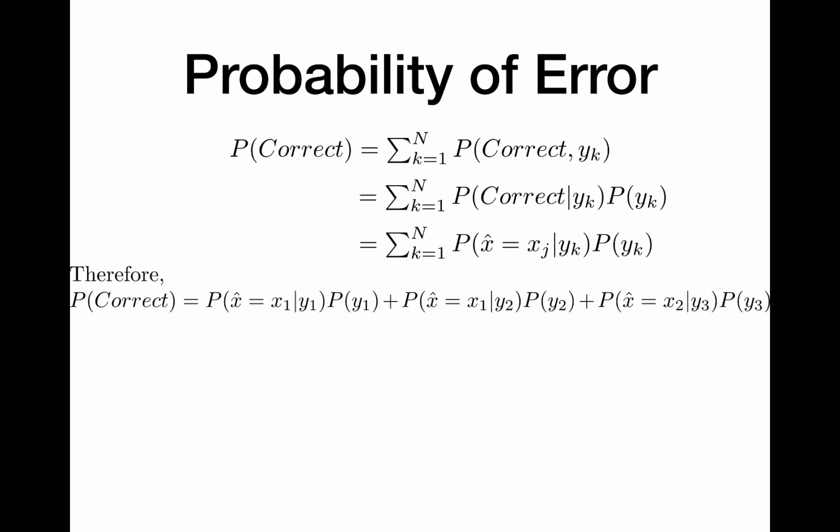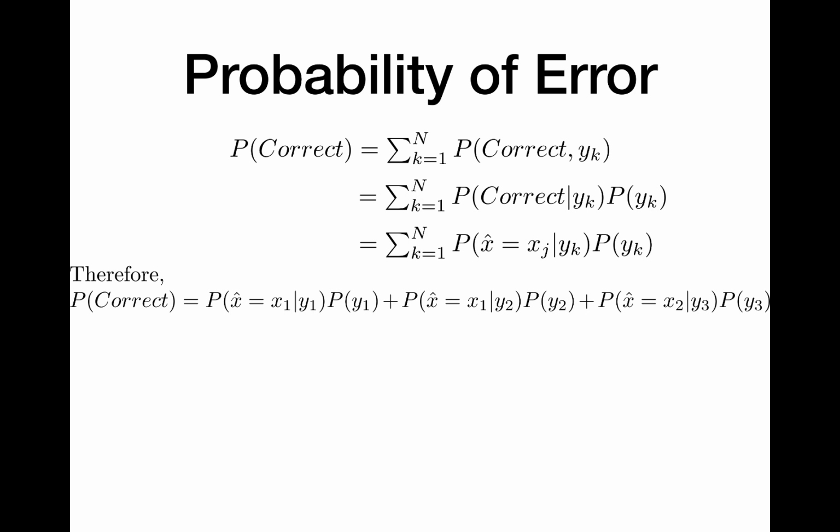In this particular example, where you have 2 inputs and 3 outputs, from the above general expression we can write the probability of correct equal to the probability of x hat equal to x1 given y1 multiplied by the probability of y1.